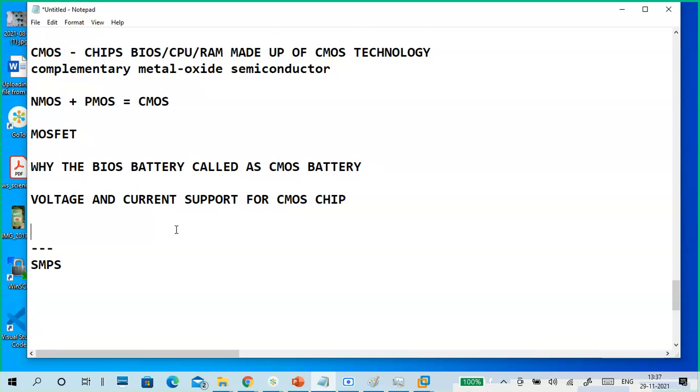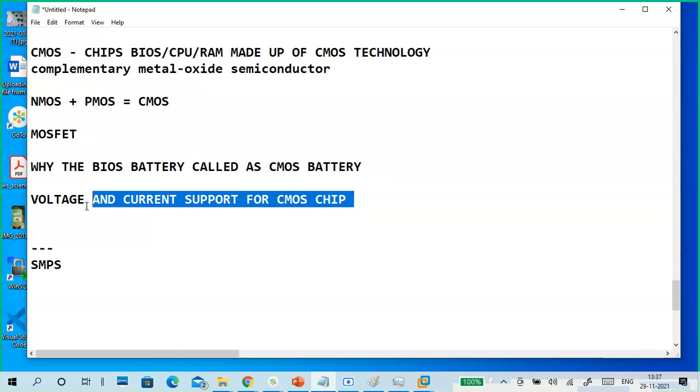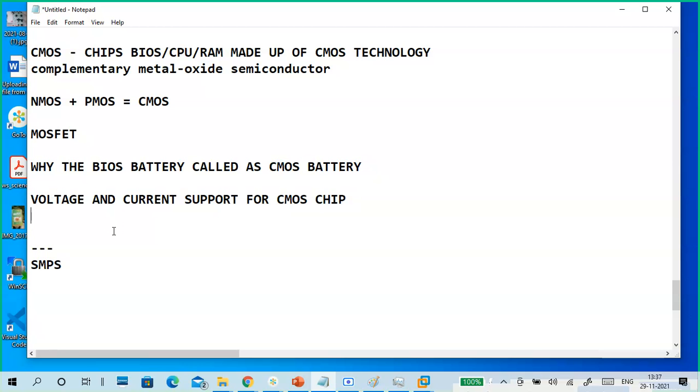Then the BIOS chip runs completely, it will always run, even when you shut down your computer. That is very important, so that's why we need a battery. Generally outside we call it a CMOS battery, but it does not mean it is made up of CMOS, it is made up of lithium. And why is it called a CMOS battery? The voltage levels supplied by the battery are for a CMOS chip. So that is the main thing.